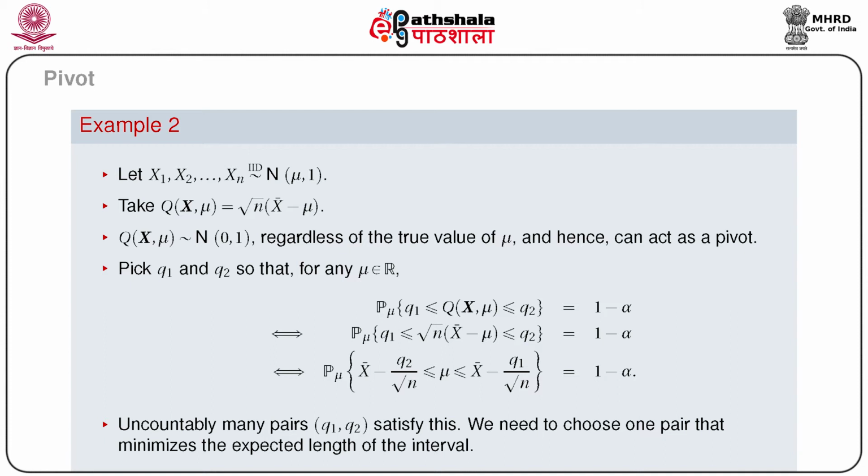Hence, it is possible to find small q1 and small q2 such that the probability under mu that q1 is less than or equal to root n times (X bar minus mu), which is less than or equal to q2, is equal to 1 minus alpha. After some algebraic manipulations, we get the probability under mu that X bar minus q1 by root n is less than or equal to mu, which is less than or equal to X bar plus q2 by root n, is equal to 1 minus alpha.